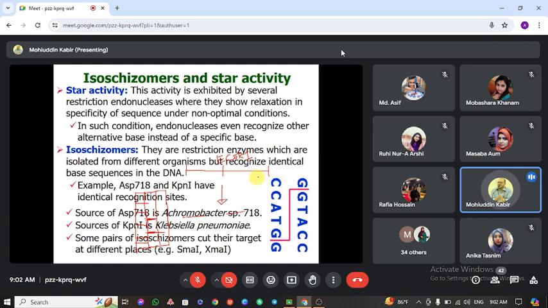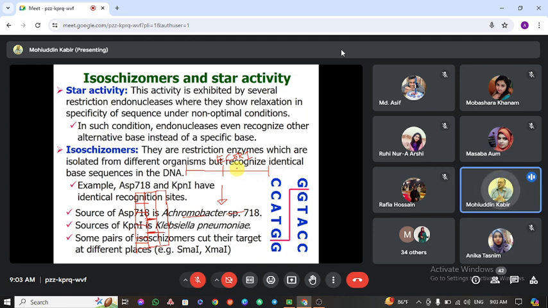But if you have done something wrong, or you have exposed it for a long time, or you have mistaken to provide the optimal temperature, or you have messed up with the calculation of the concentration of the DNA or enzyme or the ions present in the buffer.